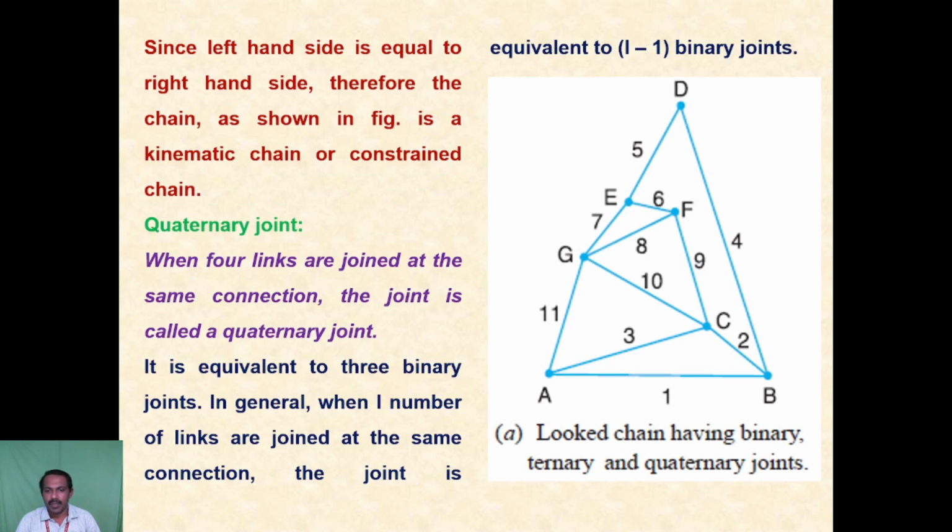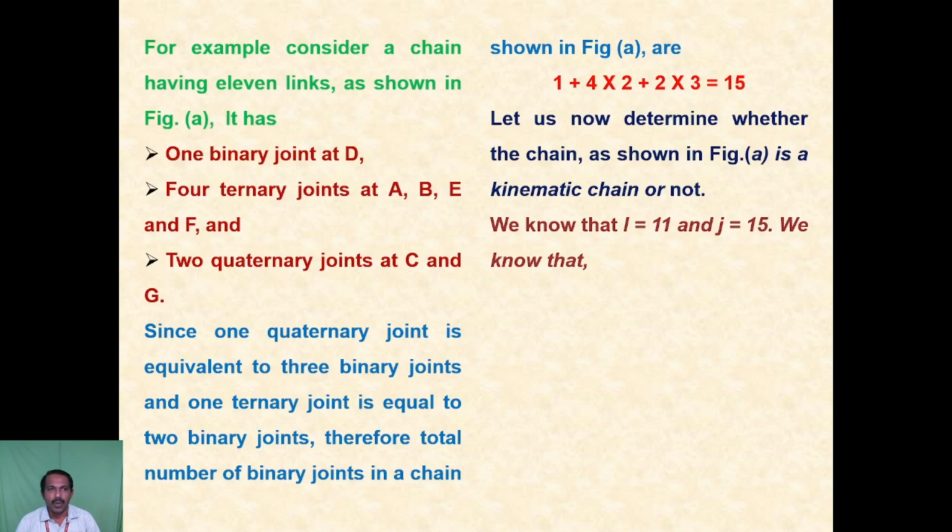Number of links, so L. How many links are there? Number 1, 2, 3, 4, 5, 6, 7, 8, 9, 10, 11. The number of joints are A, B, C, D, E, F, G. So here the number of links is 11 and the number of joints is 15.